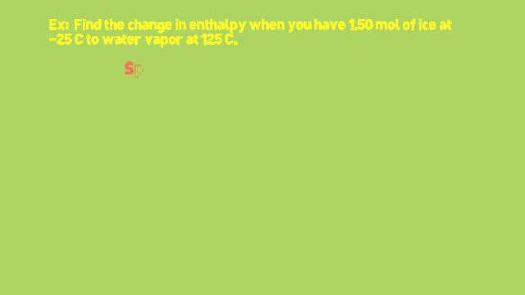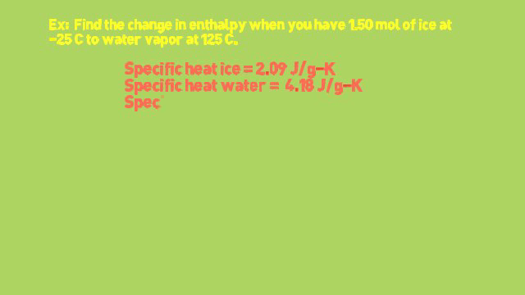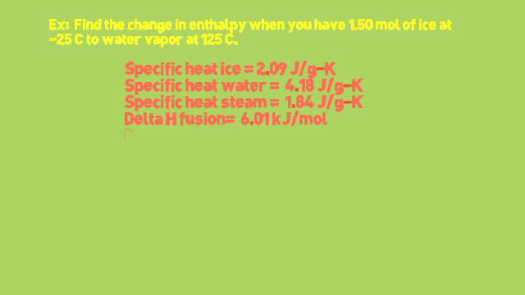I'm going to give you some numbers that you need: the specific heat of ice, the specific heat of water, because it's different, to raise 1 gram 1 degree, how much energy you need, the specific heat of steam, and the delta H for fusion and evaporation or vaporization. Please note one is in kilojoules, one's in joules, and one is measured per mole and one is measured per gram. So you'll have to make some adjustments in your equations.